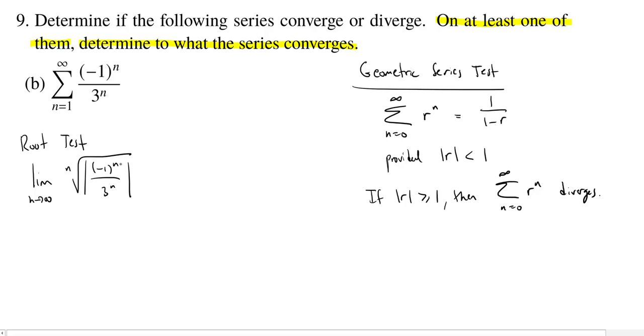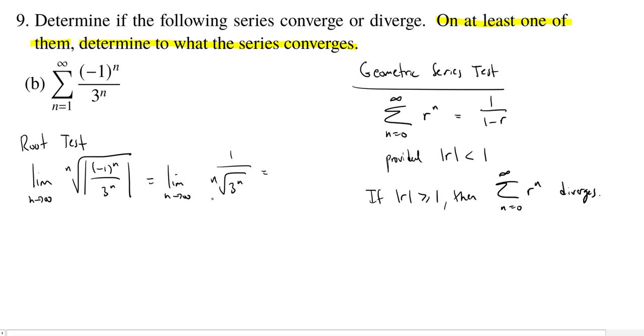Now, I note that the absolute value is just going to pulverize this alternator. And so actually, I'm just going to have a 1 on the top. So I'll have a 1 over the nth root of 3 to the n. And of course, I can drop the absolute values on the bottom because everything is positive. And this is why the root test looks so good, because that nth root is going to just destroy this nth power.